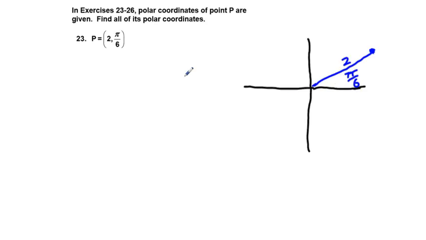And so now we're asked to find all the polar coordinates. So that's going to be this distance of 2, angle of pi over 6. And what we have is a multiplicity of rotations.